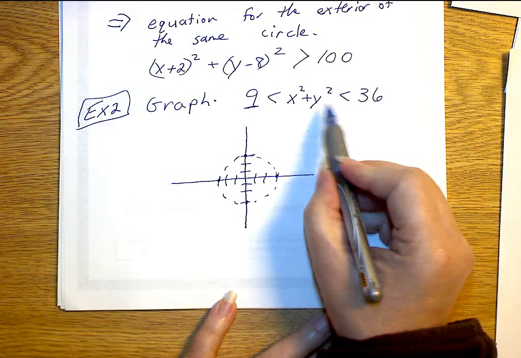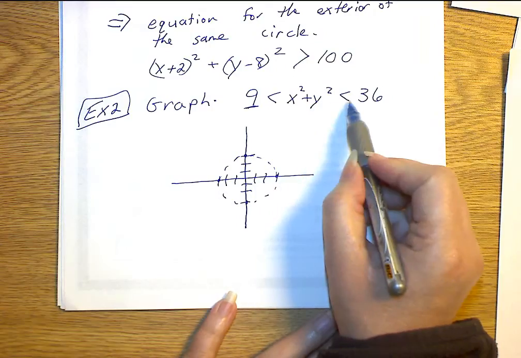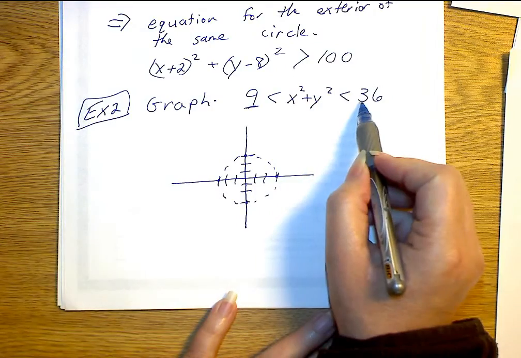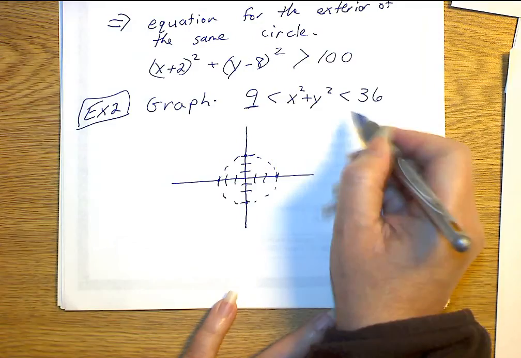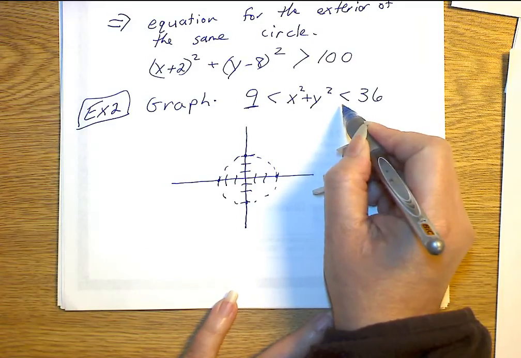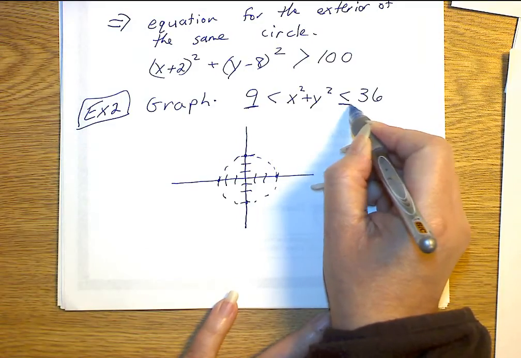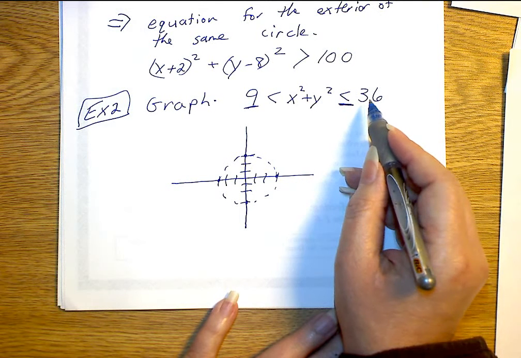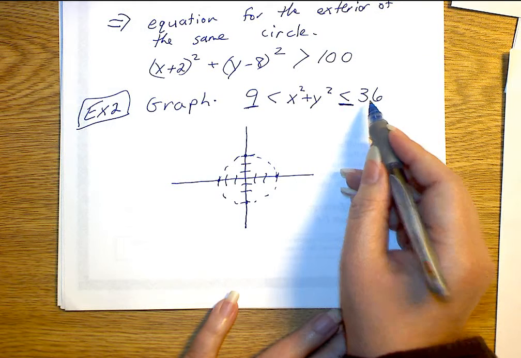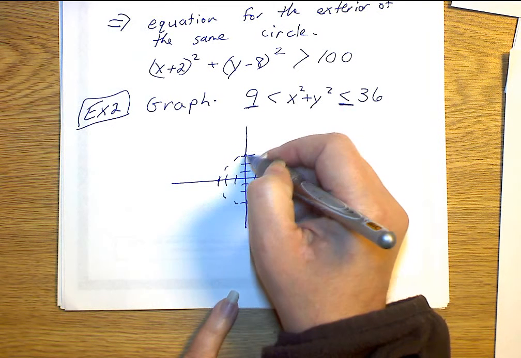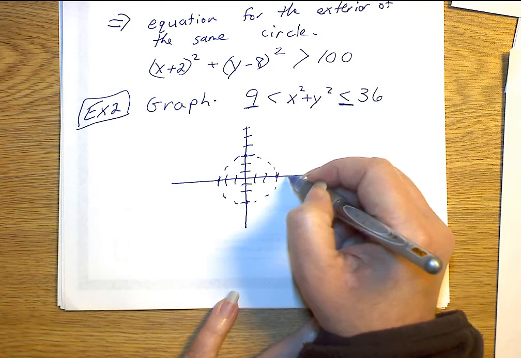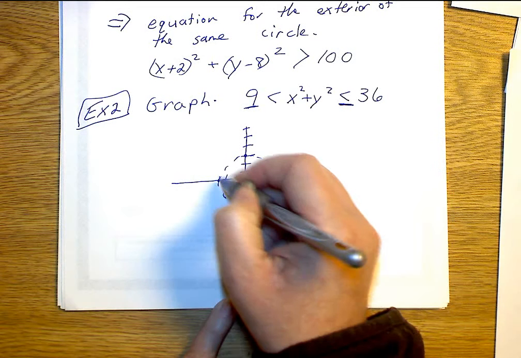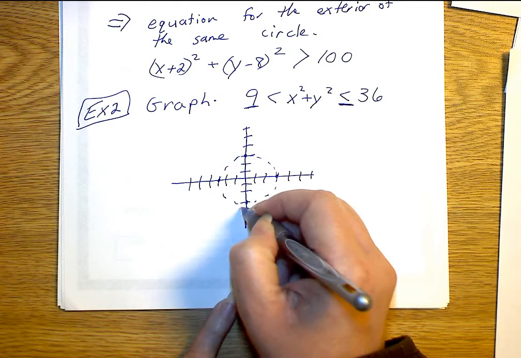Then we have 36. So you can have an example of both, I'm going to make this less than or equal to 36. So the radius on this one is what? 6, right? So I have to go out 6: 3, 4, 5, 6, 3, 4, 5, 6, 3, 4, 5, 6, 3, 4, 5, 6.